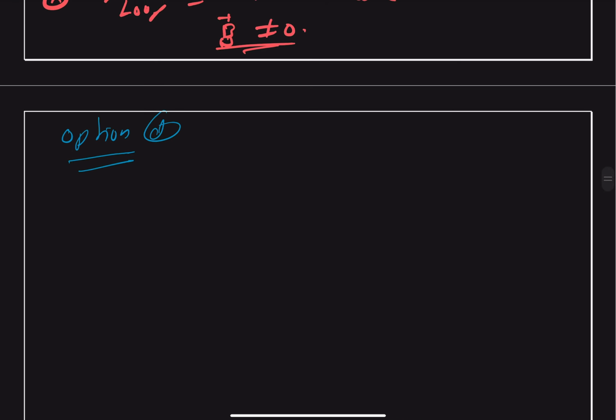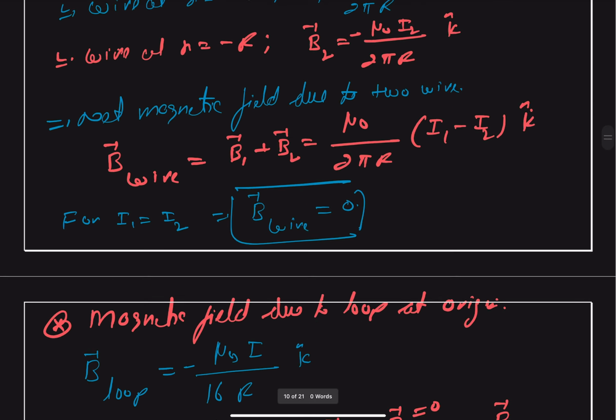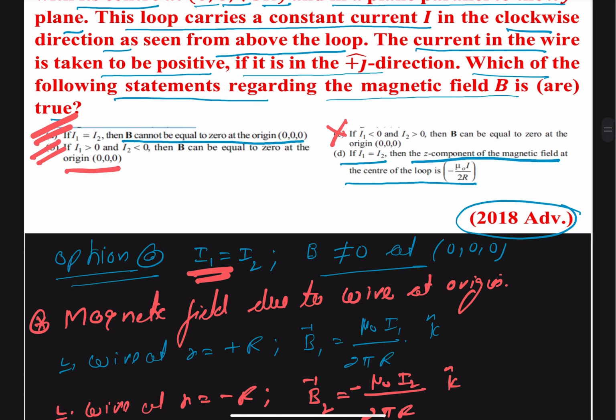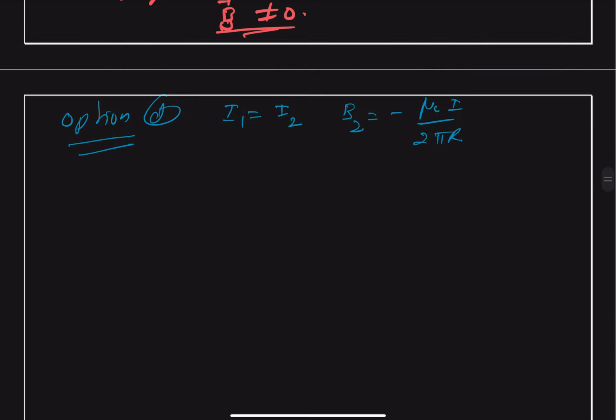So it says that when I1 is equal to I2, Z component of the magnetic field is minus mu naught I upon 2R. So we are only interested in Z component.